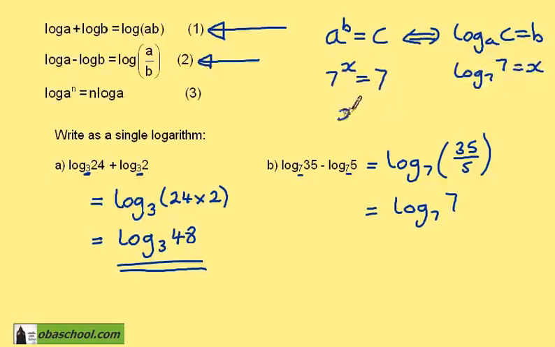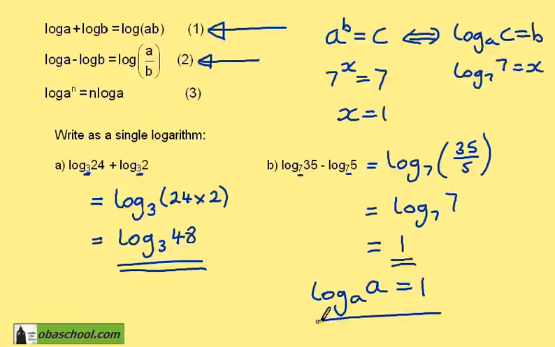And here it's clear that x must be equal to 1. So this is 1. This leads us to another law of logarithms, that log to the base a of a is always equal to 1.